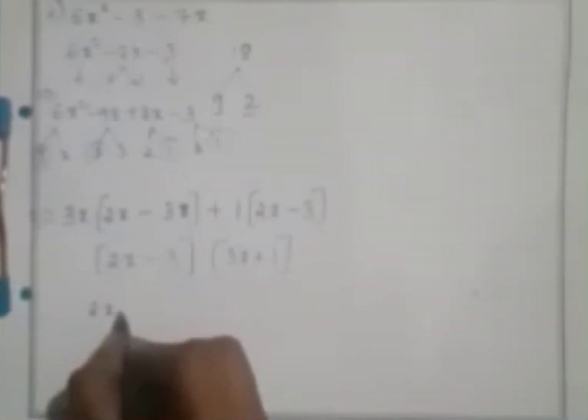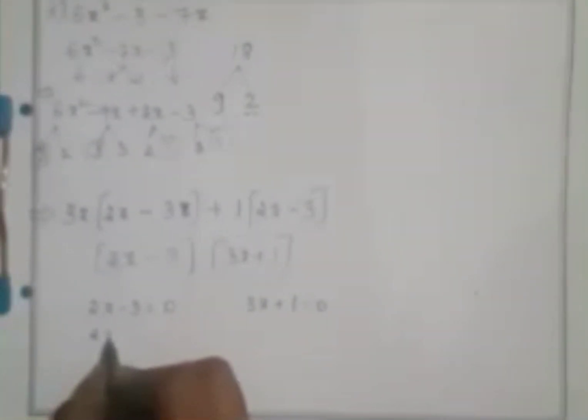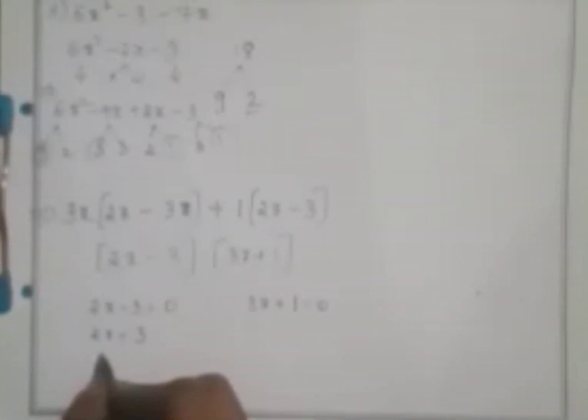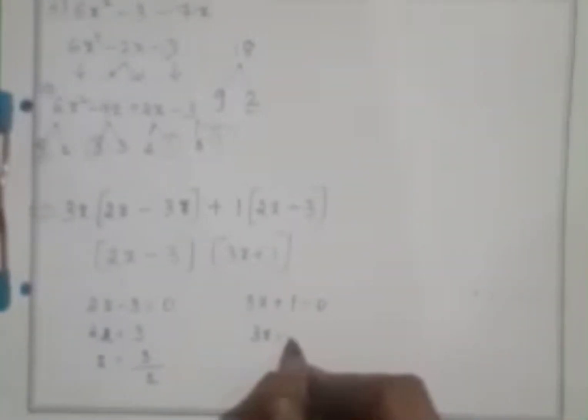So we will equate 2x minus 3 to 0, and again 3x plus 1 to 0. 2x is equal to plus 3 and x is equal to 3 by 2. Here 3x is equal to minus 1, x is equal to minus 1 by 3. So these are our zeros, that is, x values.